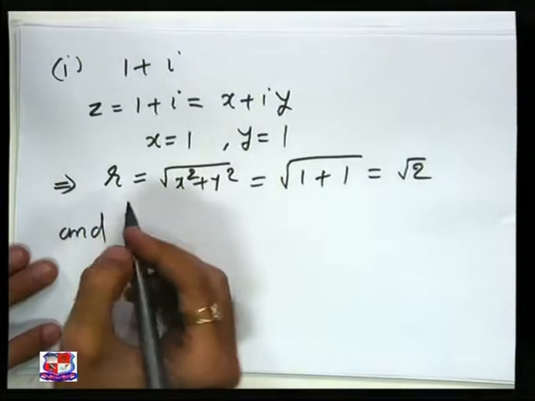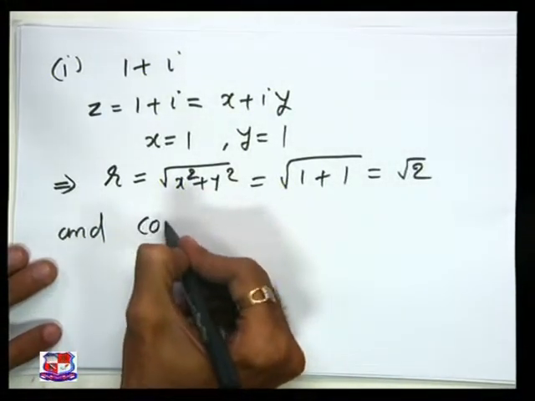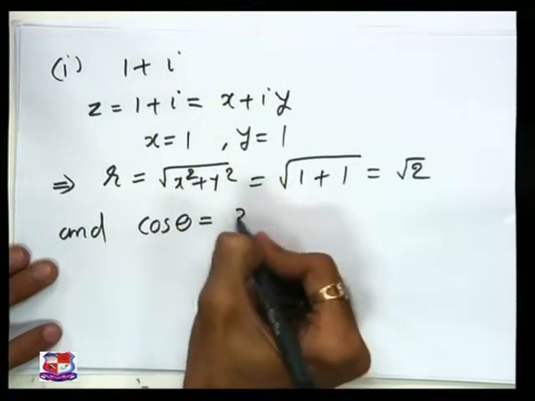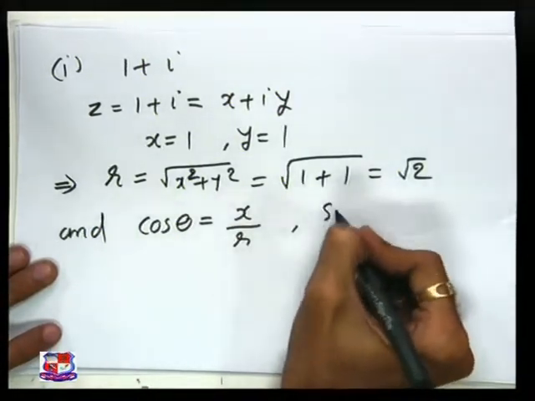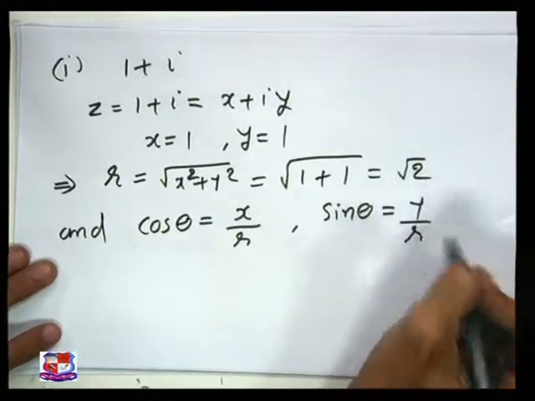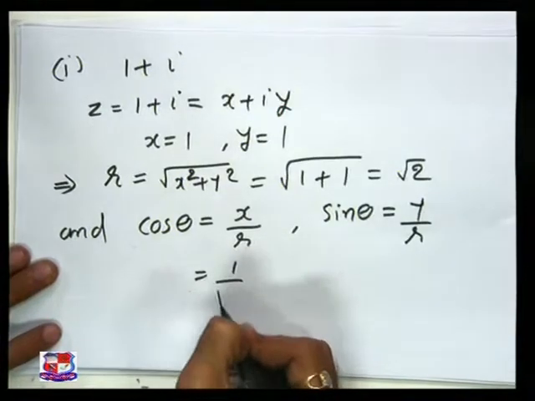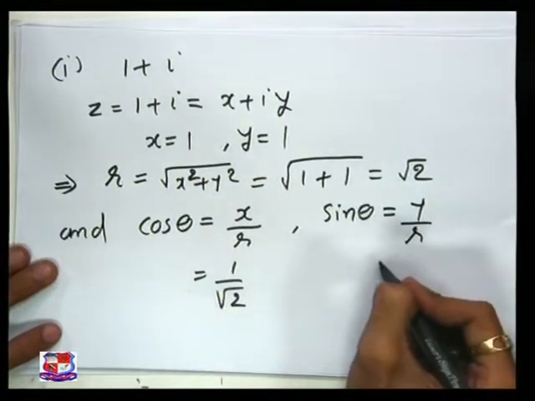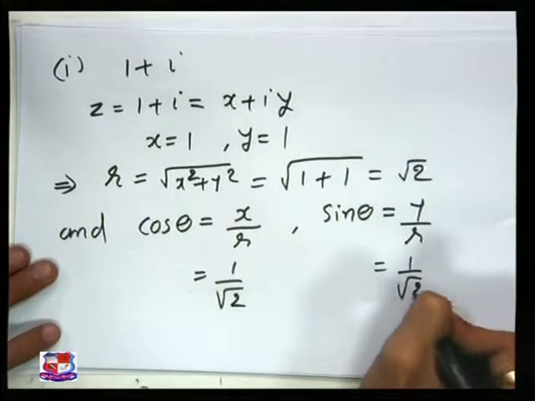For theta, first we will find cos theta, which is x upon r, and sin theta, which is equal to y upon r. So cos theta is equal to 1 upon root 2, and here sin theta is also equal to 1 upon root 2.